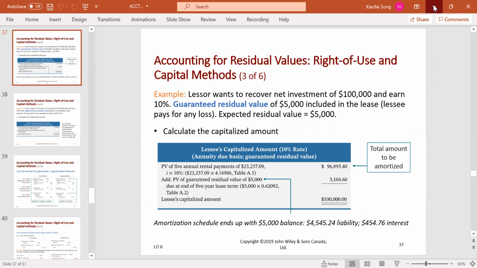If the residual value is unguaranteed, the amount capitalized is 96,985. Only the lease payment, without the residual. At the end of the first payment, all this happened on January 1st, 2020, the lease obligation will be 73,658.